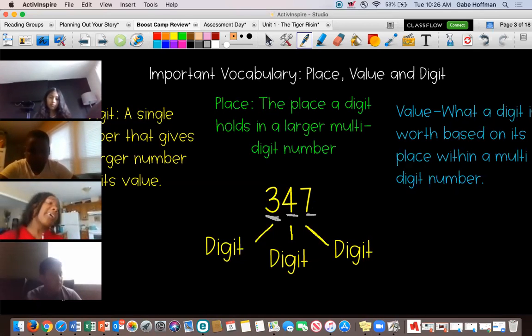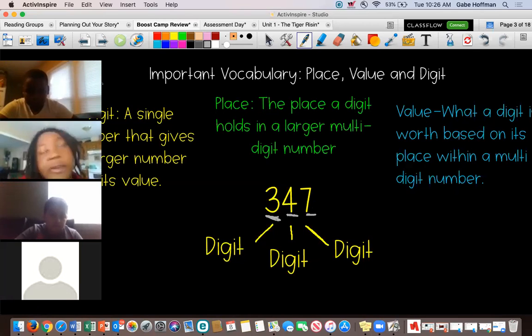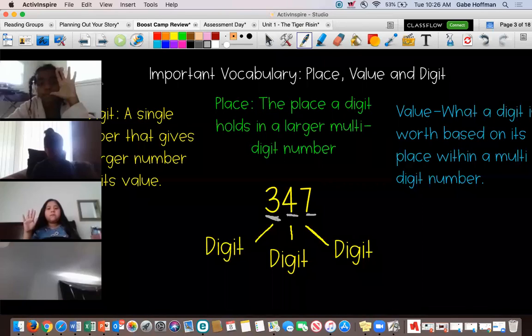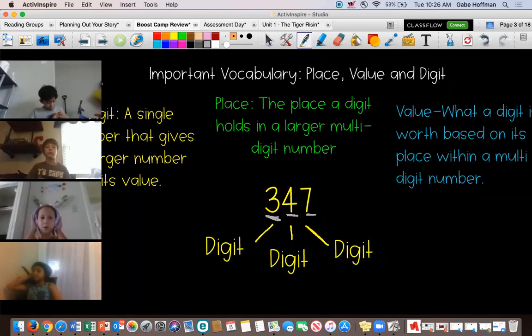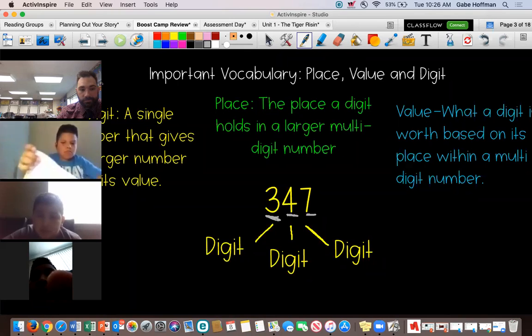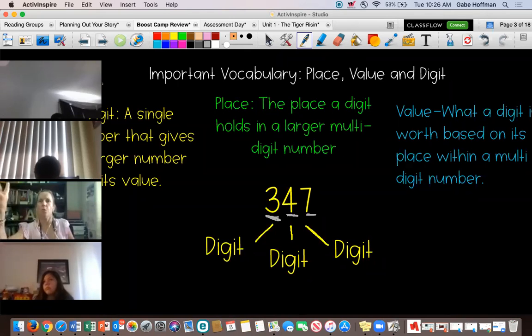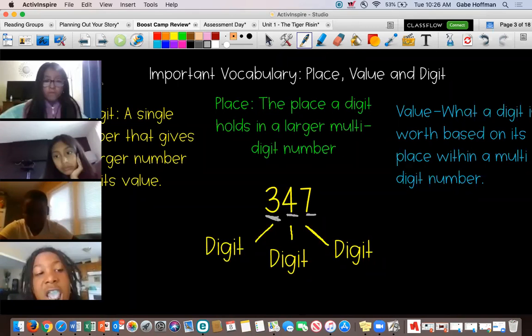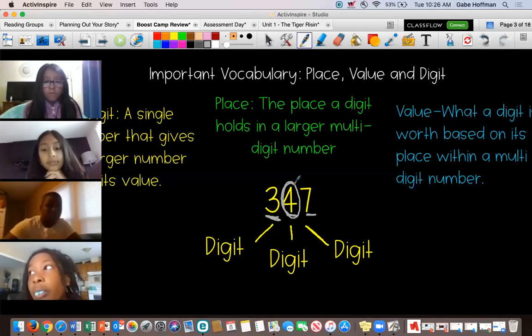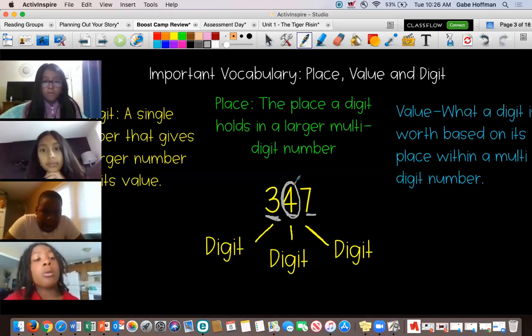Now, Alex J, can you read value? Value: what a digit is worth based on its place within a multi-digit number. Yep, so if we were looking at the 4 right here, like I said before, the 4 is in the tens place.